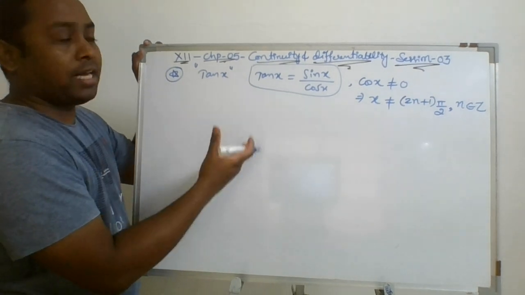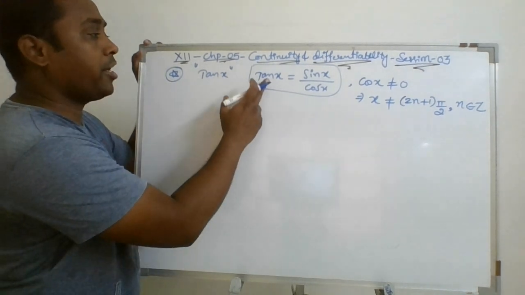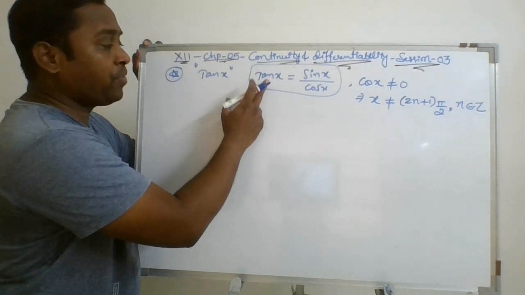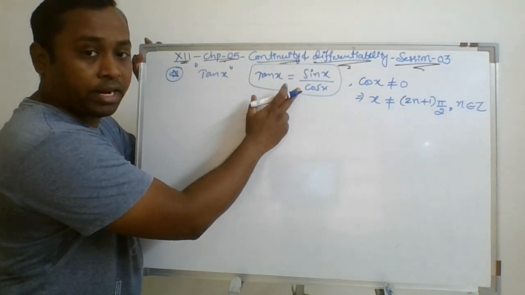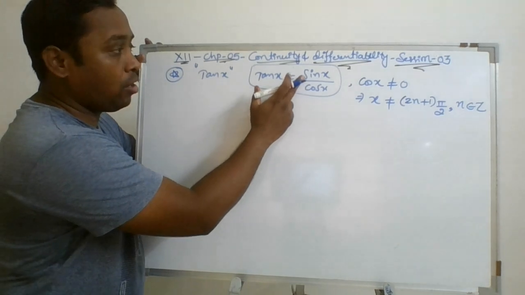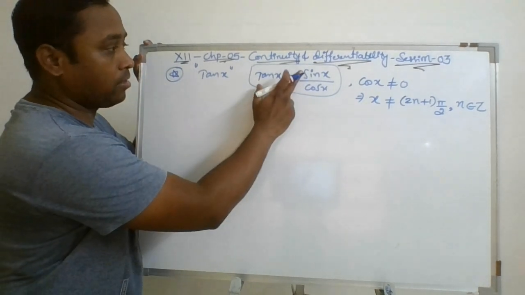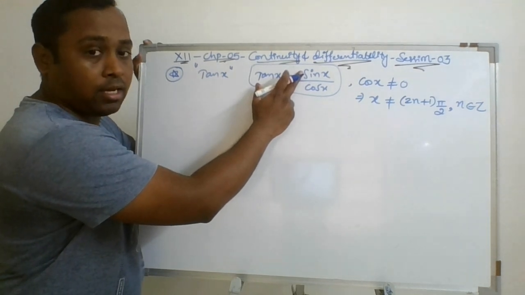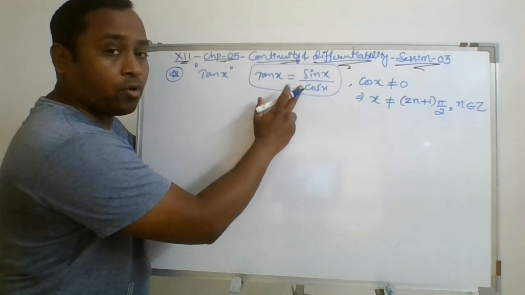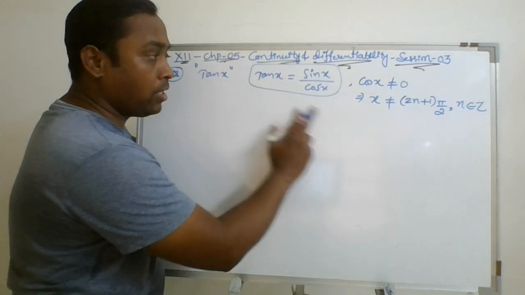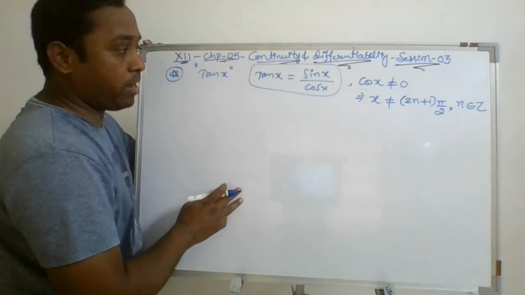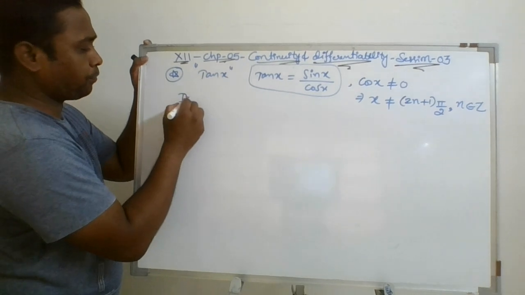So while defining the continuity of the tan x graph, we need to take the common domain. So what is the common domain of sin x and cos x? The domain of sin x is every real number. But the domain of cos x is every real number except odd multiples of pi by 2. That is what I am writing here.